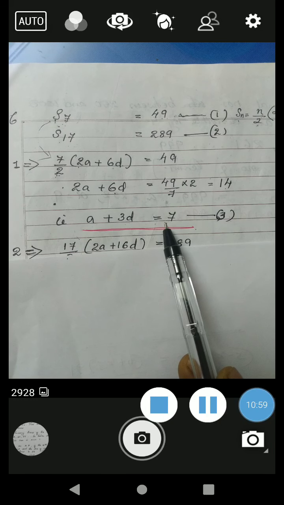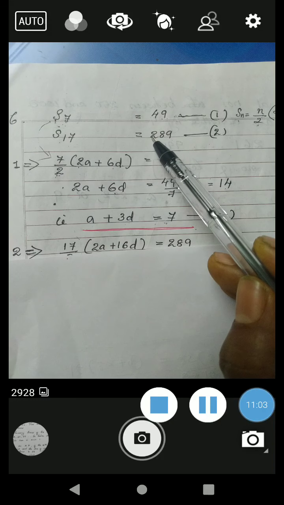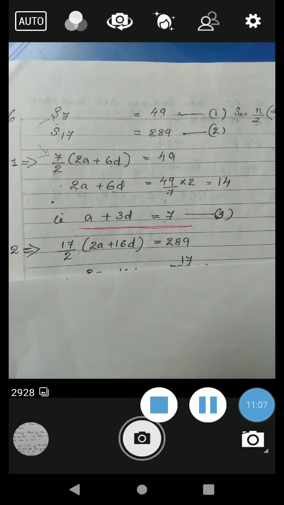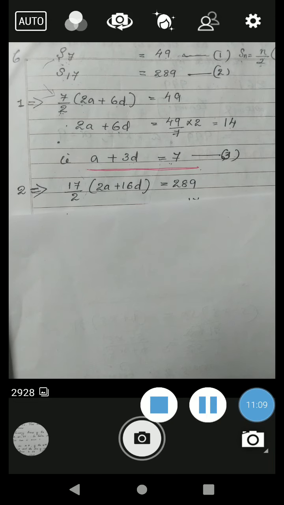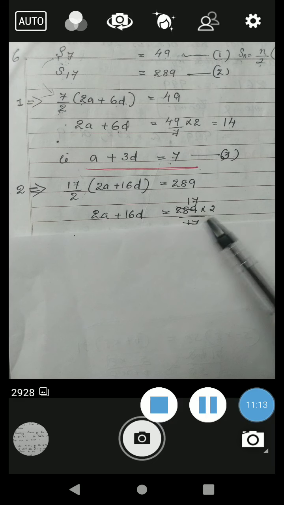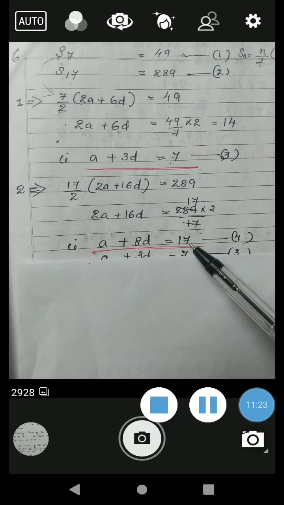We can simplify this and you will get one equation in a and d, a plus 3d equal to 7. And similarly, second one, the same method. Apply that formula, 17 by 2 into 2a plus 16d, which is equal to 289. So 2a plus 16d is equal to 289 into 2 by 17. When you simplify, you will get a plus 8d equal to 17.